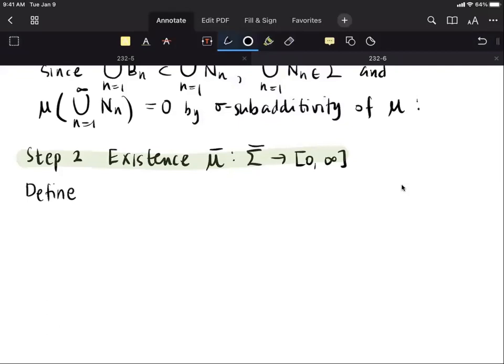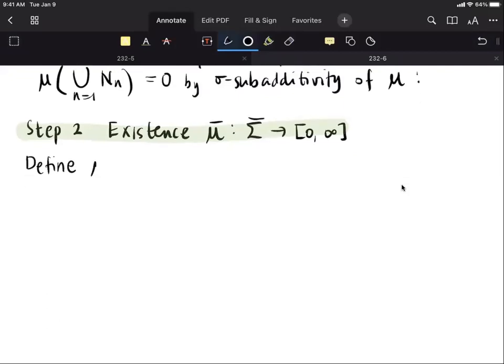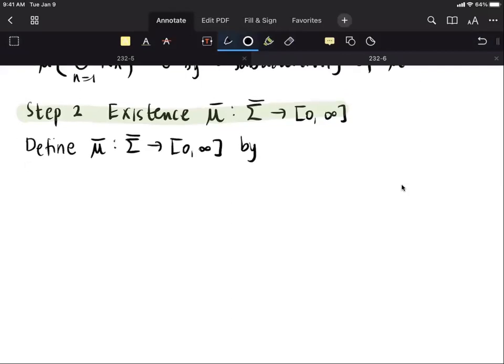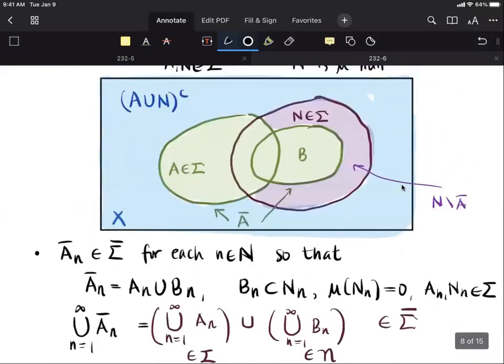One way is, of course, to construct. So we define this function as follows. So mu bar of A bar to be mu of A, with star. Okay, and what is this star? This one here.